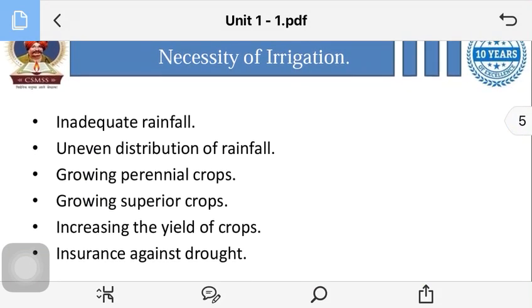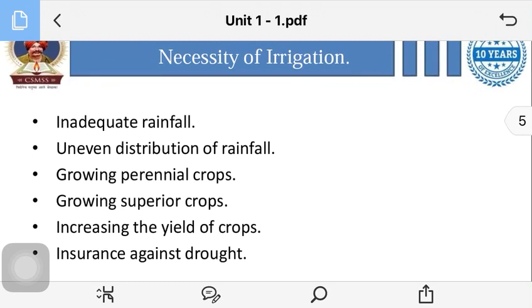So what is the necessity of irrigation? First is inadequate rainfall. If this year we have adequate rainfall, we can't predict that next year we are going to have the same rainfall. So it is necessary to store water for future purposes.